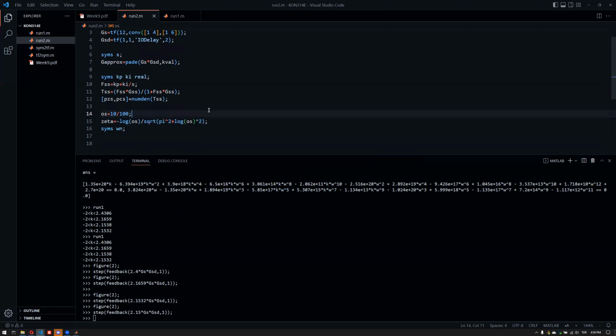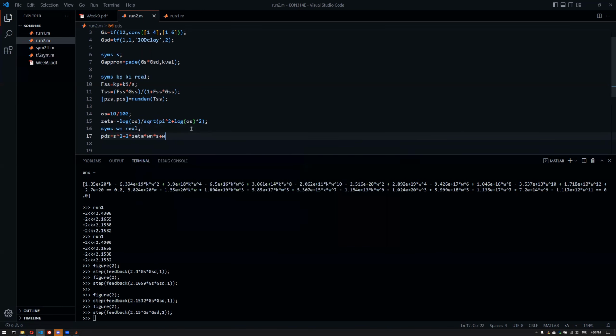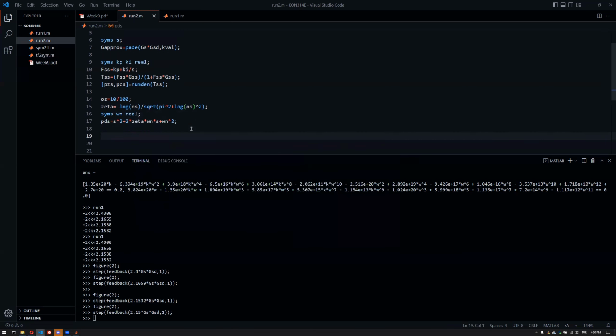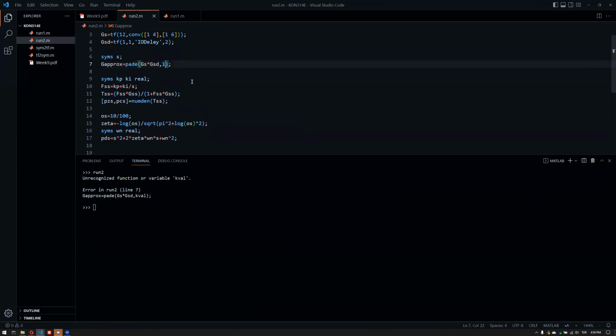So let's see what the order of this system is. This is also a real value here. PDS is s squared plus 2 times zeta times omega n times s plus omega n squared. So let's run that. We don't have G(s) because let's use the first approximation here.